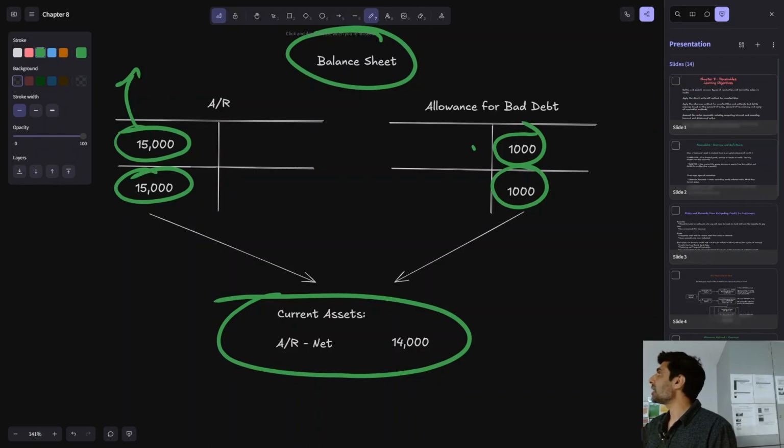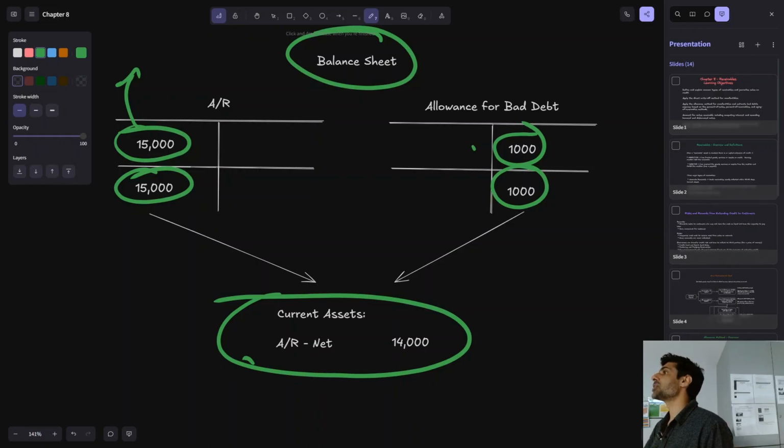We don't know exactly who is not going to pay us, but we've already accounted for it up front. So on our balance sheet, we're only going to report 14,000, because that's what we think we're actually going to collect. Though we have 15,000 gross, we're already presupposing that 1,000 is going to go bad and we're not going to collect it.